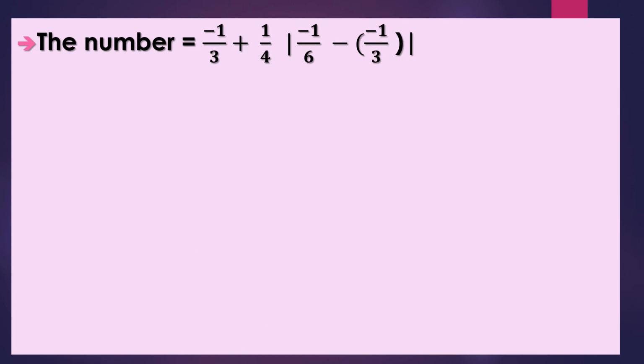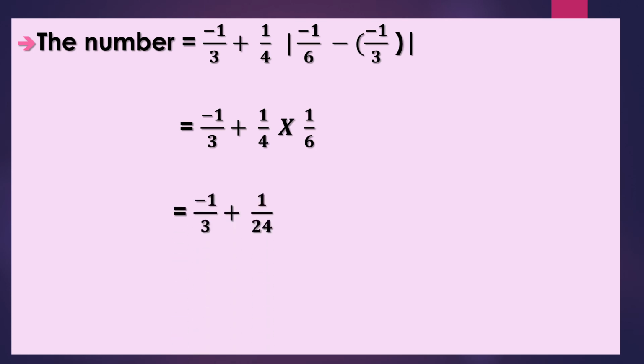Negative 1 over 3 plus 1 over 4, in the absolute value negative 1 over 6 minus negative 1 over 3, is negative 1 over 3 plus 1 over 4 times 1 over 6. By getting the result of multiplication first, then adding to the number, negative 1 over 3 plus 1 over 24, which is equal to negative 7 over 24.